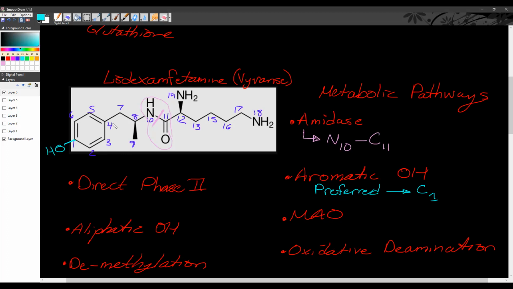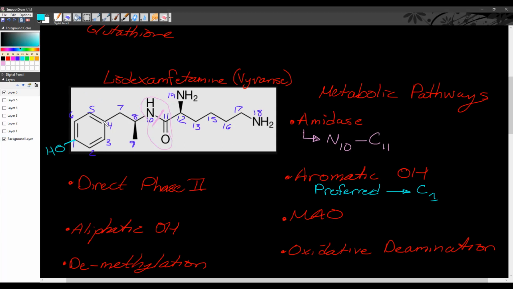Yeah, it's possible. But since we have the para position open, it would only be carbon 1. So on the exam, if you had one structure that had it at carbon 1, and a different structure that put it at carbon 5, and it said, choose the major aromatic hydroxylation, then it would, of course, be 1.